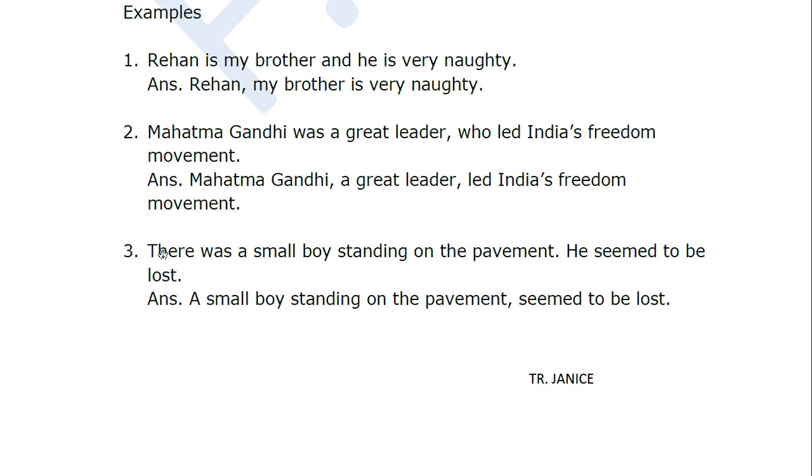So this part you just omit it, and don't write he again. So whom are you talking about? A small boy standing on the pavement. After that, comma. See, I told you always comma. Whom are you talking about? Rehan, then comma. Mahatma Gandhi, then comma. A small boy standing on the pavement, comma, then you write seemed to be lost.